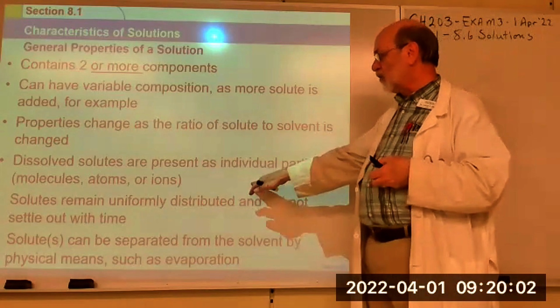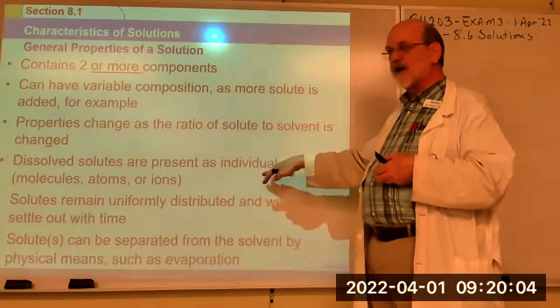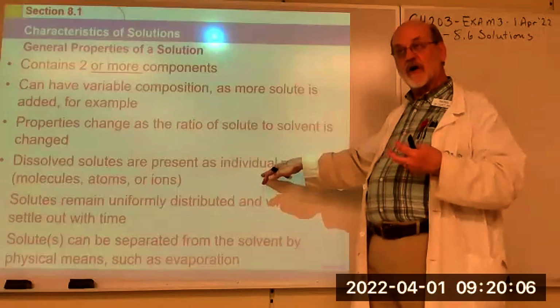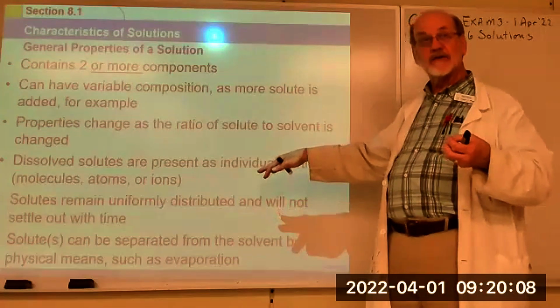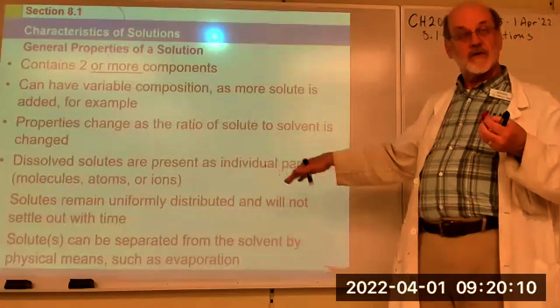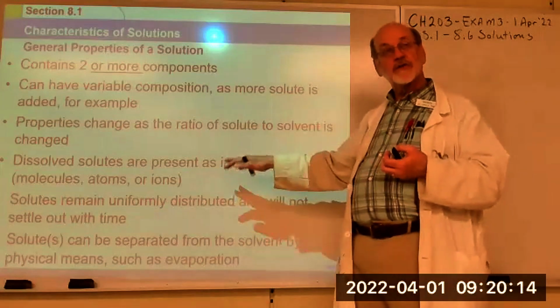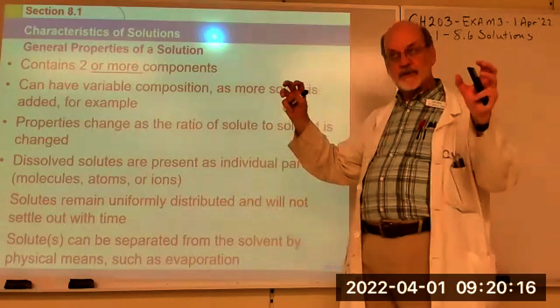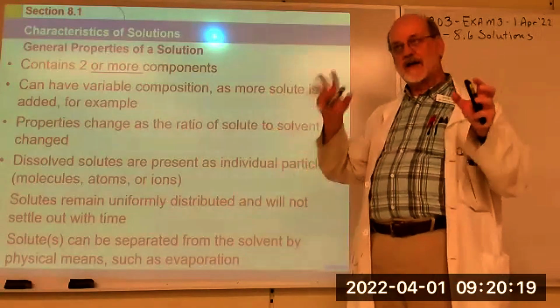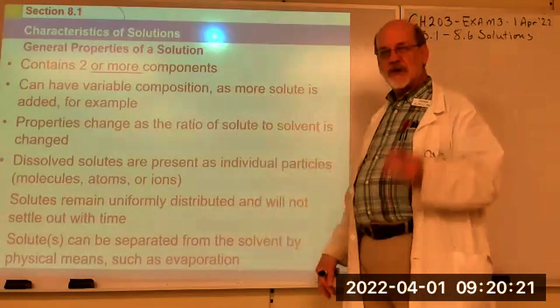So there are individual particles of each, depending on their nature. Are they molecular, with covalent bonds holding the molecule together, or are they ionic bonds? If the ionic compound goes into solution, it always breaks up into individual cations and anions, positive and negative.